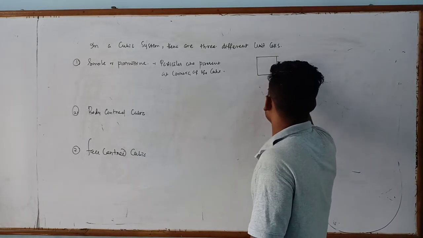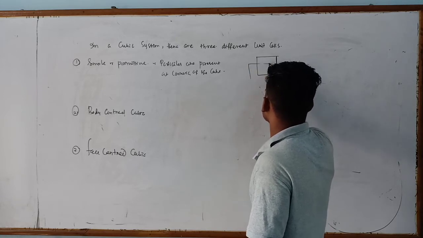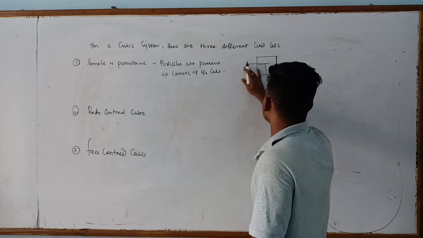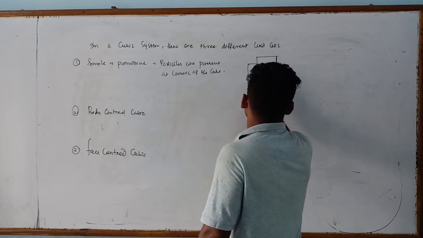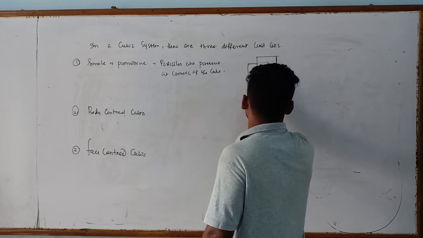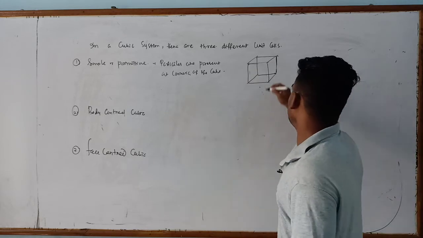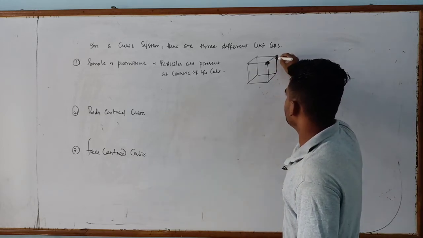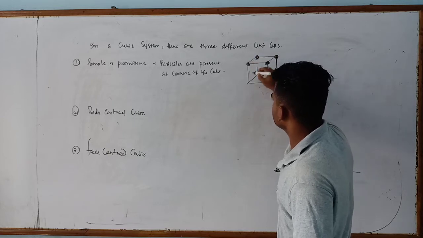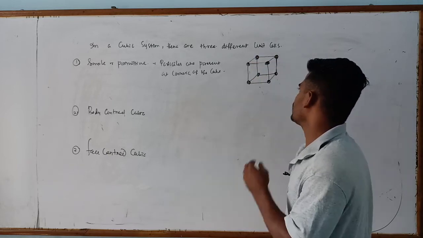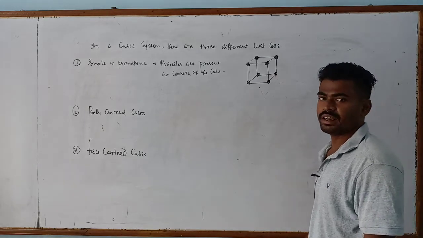This one is a cubic unit cell. You see, this one is a cube, and in simple or primitive the particles are only present at the corners and each particle is touching the other. So in a cube I am showing it like this. This is simple or primitive. Is that clear? Particles are only present at corners.